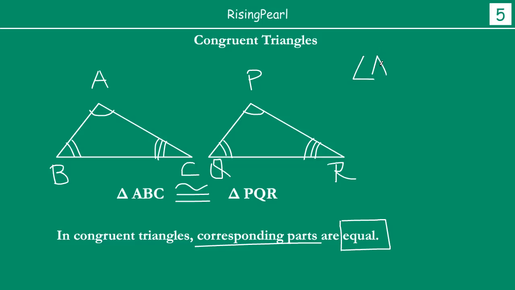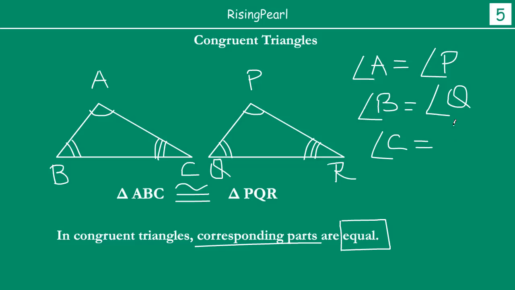Angle A should be equal to angle P. Angle B should be equal to angle Q. Angle C should be equal to angle R. And you will notice that I have just put an angle sign here just to make sure that one mark is equal to one mark, where you have two bars that is equal to this, and where you have three of them is equal to this.